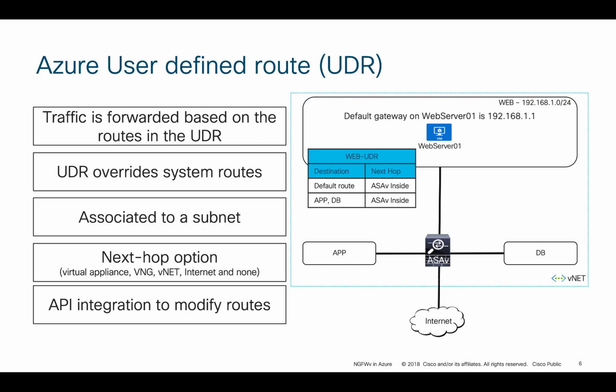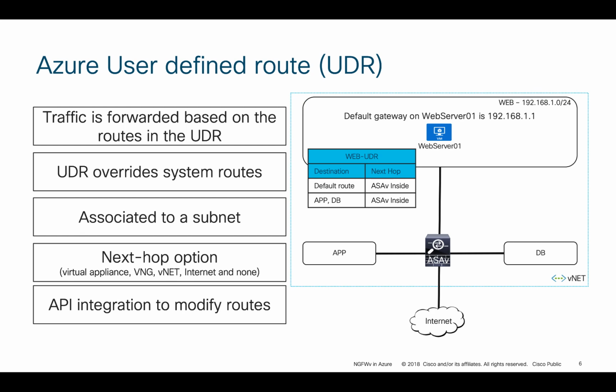If you want to block whole traffic, you can use none. If you want to send your traffic directly to internet, you can use internet as your next hop. If you want to send it to virtual network gateway, which is Azure's VPN device, you can use that as a next hop. If you want to make sure that traffic stays internal, you can use vNET as your next hop.